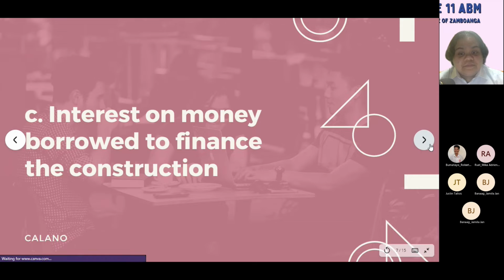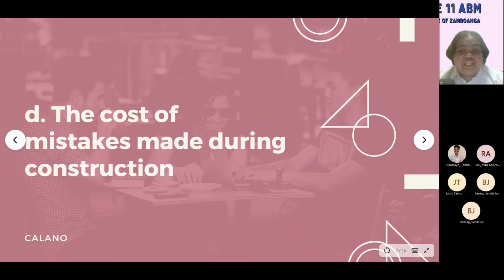Letter D. The cost of mistakes made during construction. This may happen in the course of time. In this situation, we are aware that Halave is conducting construction for his company that involves manpower and physical activity. Mistakes and accidents will be inevitable in the process, like injuries, equipment malfunction, or even natural disasters that of course Halave does not have control over.